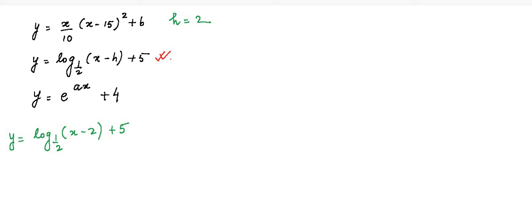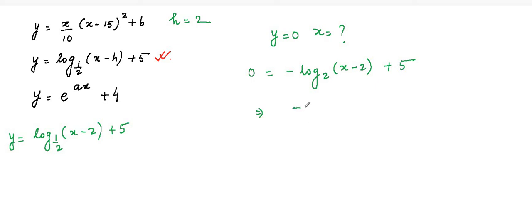Here we can substitute directly that y is equal to 0 and we have to find out the value of x. So we can write down 0 is equal to minus log 2 (x minus 2) plus 5. Do the basic calculation, use the rule of logarithm, and then you can simply get the value.